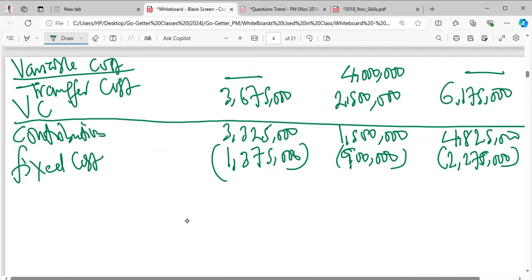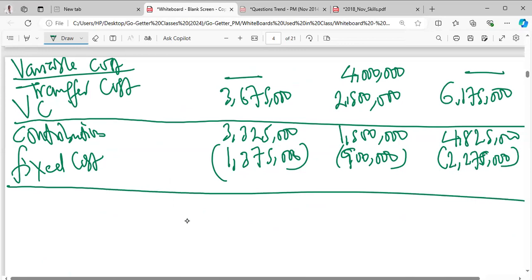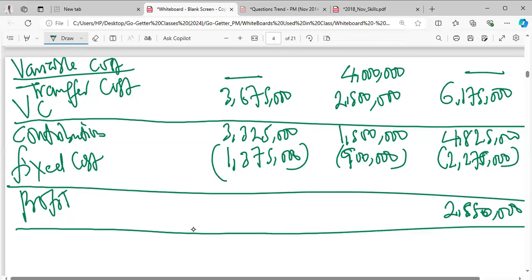All right. So what's going to be your profit? Do I have my profit here to be 2,550,000? Nothing changes here in that profit. But let's look at that of the two divisions.